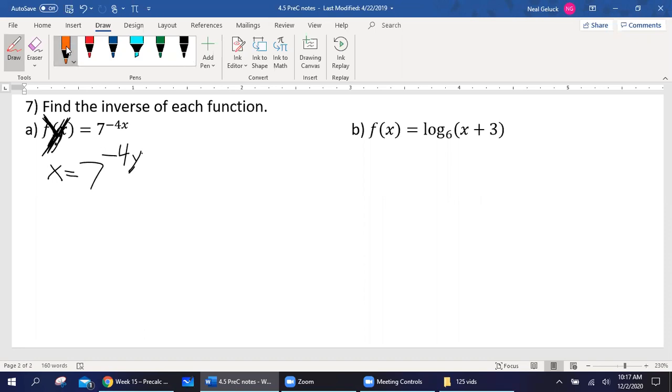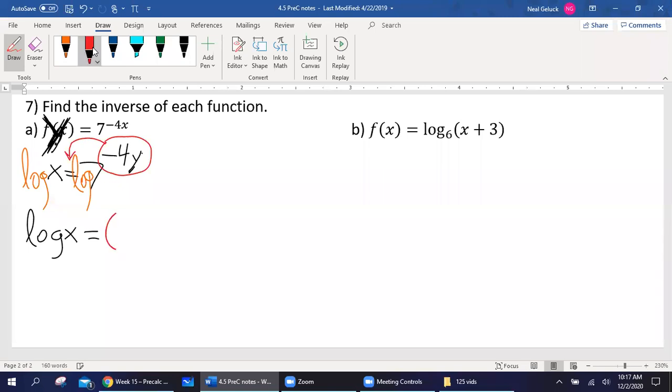what gets exponents out? Logarithms do. So I'm going to log both sides. That lets me take the exponent and bring it around town. So I'd have, let's see, log x equals, if I bring that exponent around town, negative 4y log 7.